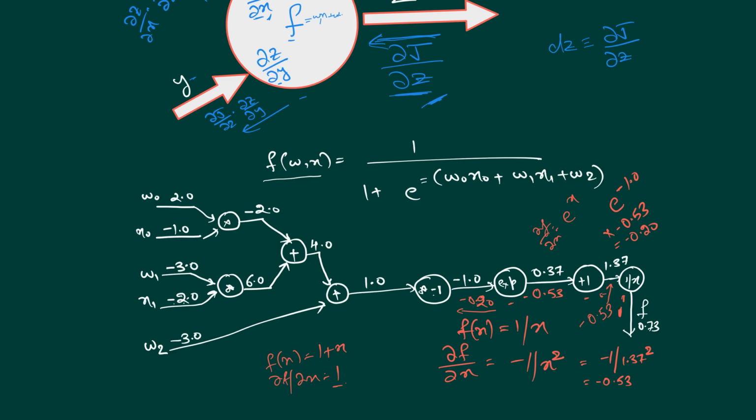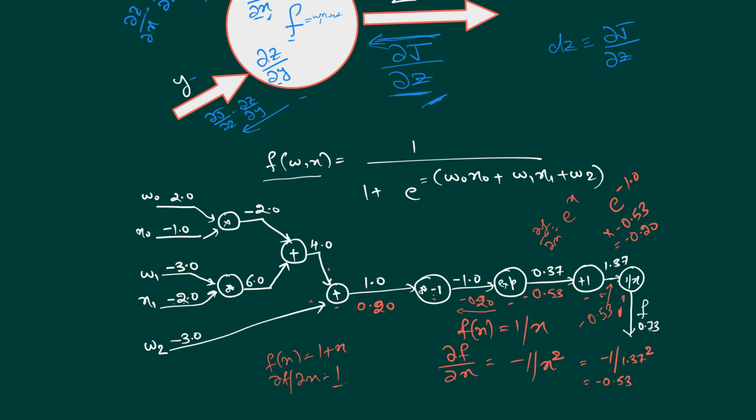For the next gate out here, the function is fx is equal to minus x, and del f by del x will be minus 1. That's the local gradient. Minus 1 multiplied by minus 0.20, so we have 0.20 as the gradient out here. Now when we look at the add gate, the function out here is fx is equal to x plus y. And if we were to do del f by del x, when we are looking at this branch, it's going to be 1, right?